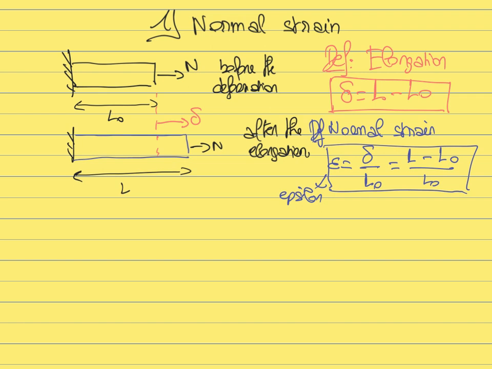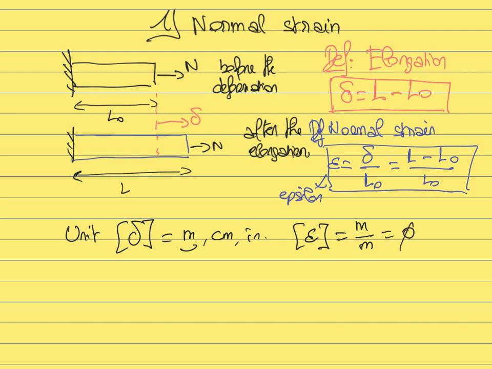In terms of the unit of this quantity, right? So the elongation, its unit is in meter, centimeter, inches, etc. So the international system unit would be meter. And when we talk now about the unit of the strain, it is meter divided by meter, so it doesn't have any units. The strain is unitless.